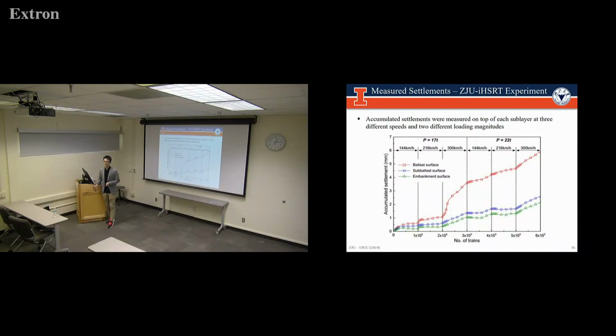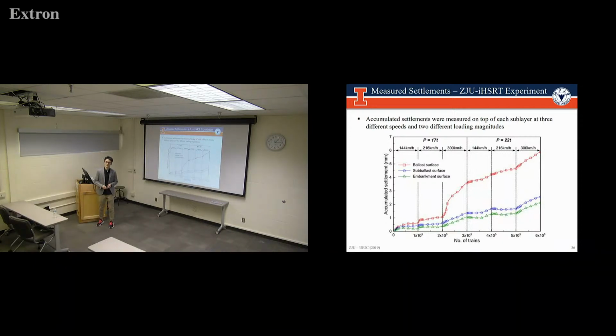Say they ran 2,000 cycles, then a huge initial settlement had already taken place. So the ballast layer was already shaken down, and then they started to do the measurement. So even though it shows the correct trend, the magnitude is not the same as what we should be expecting in the DEM models.